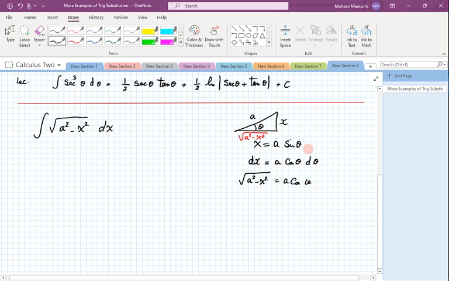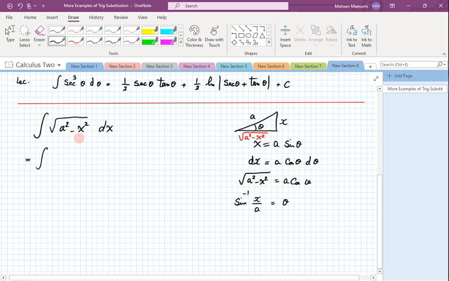Now we can go ahead and derive some other quantities out of these things. For example, x over a is going to be sine of theta, and therefore sine inverse of this is just going to be theta. Okay, let's go ahead and do the substitution. Let's see what happens.